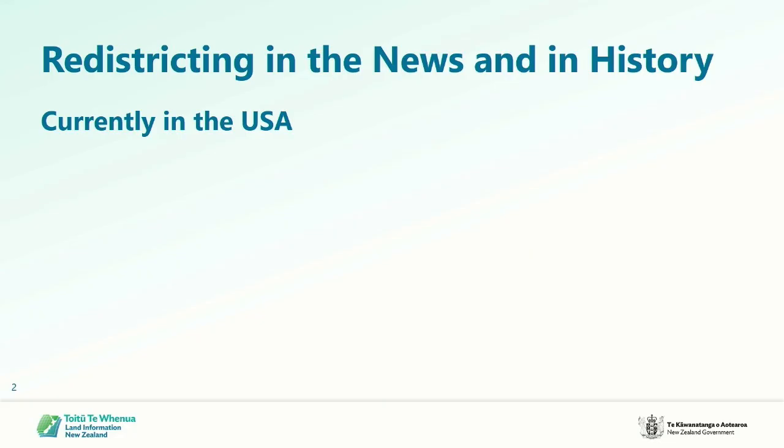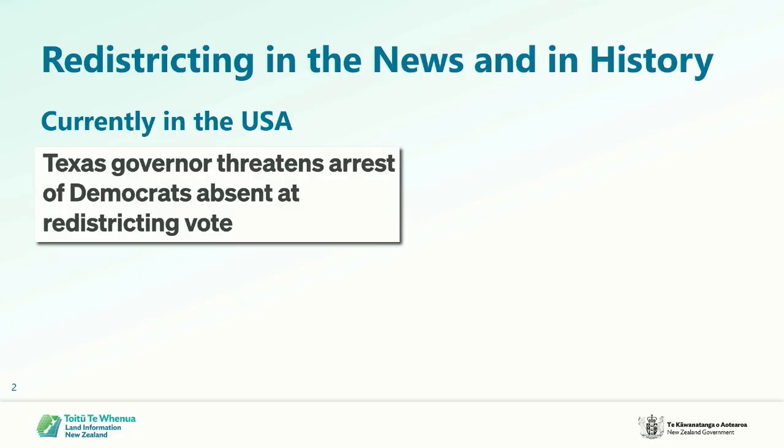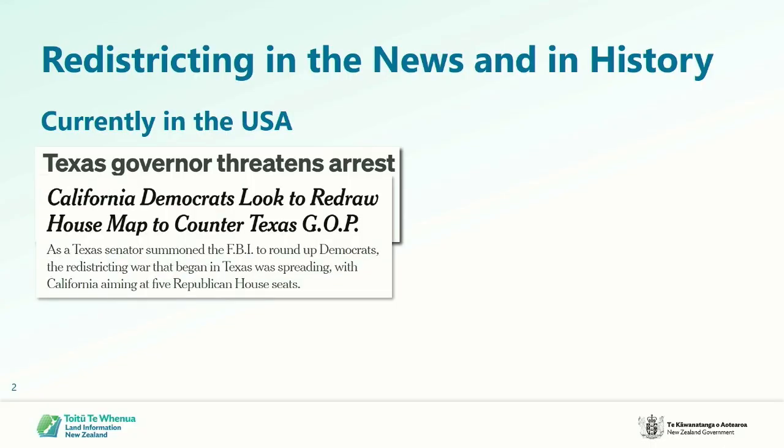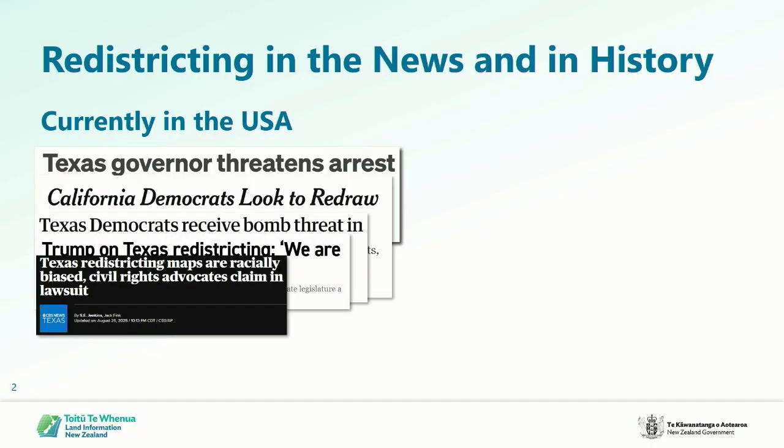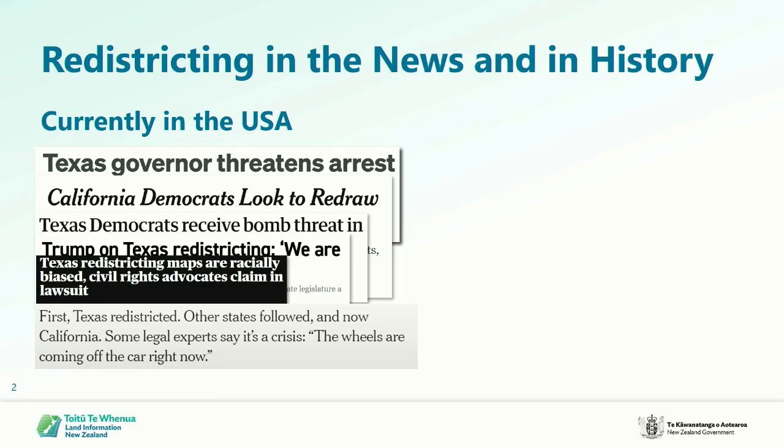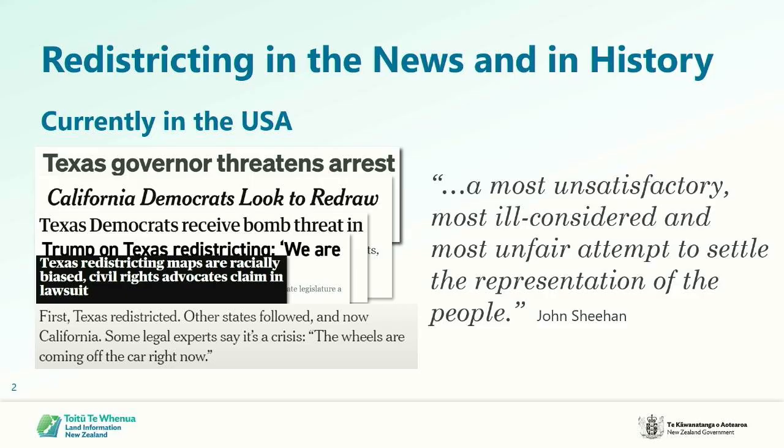So just to start with some current affairs and history, you may have seen in the news there's lots of talk about redistricting in the US at the moment. The main issue with this is that current politicians are involved in deciding the boundaries. So you get blatant gerrymandering and a whole lot of political sort of noise. And I found this quote by John Sheehan, which says, "The most unsatisfactory, most ill-considered and most unfair attempt to settle the representation of the people."